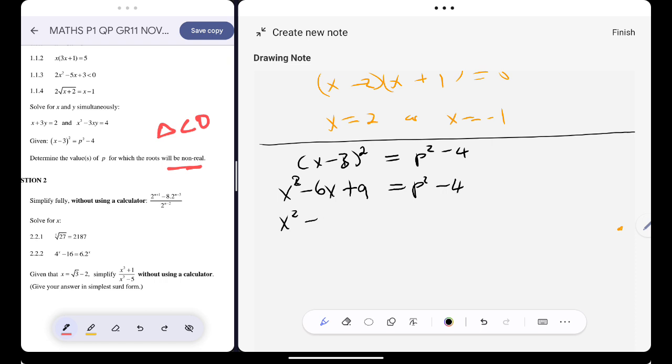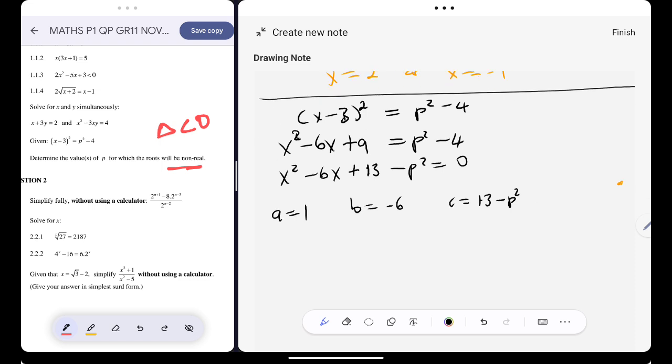So I have x squared minus 6x plus 13, 9 plus 4 is 13, minus p squared is 0. So the value of a is the number in front of x squared, the value of b is the number in front of x, and the value of c, anything that doesn't have x, is the constant term.